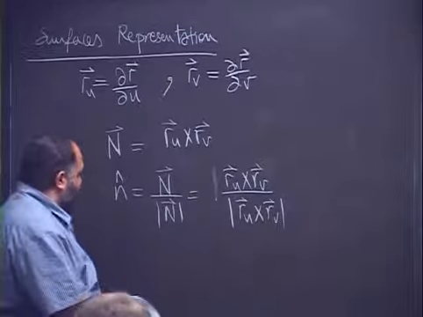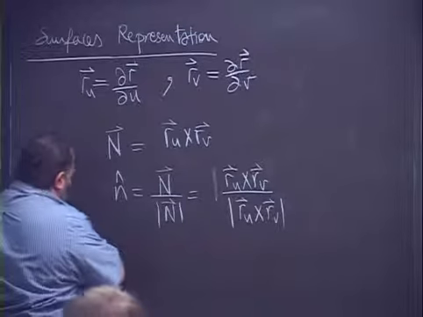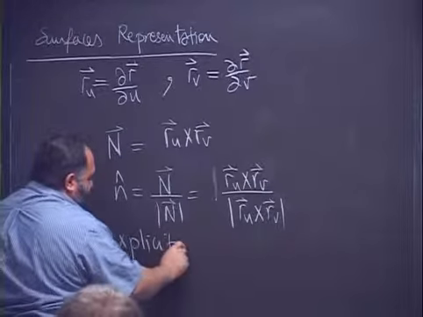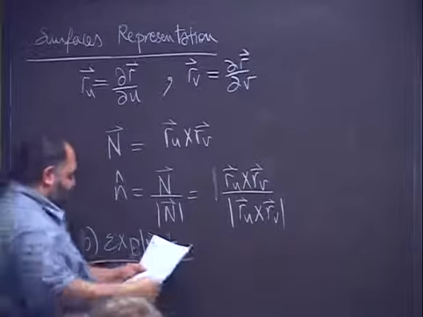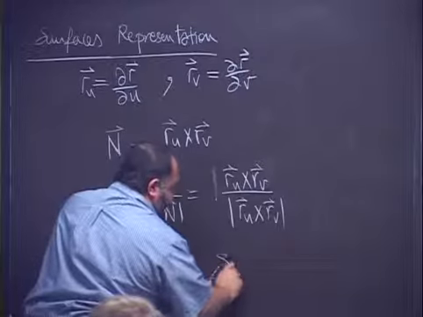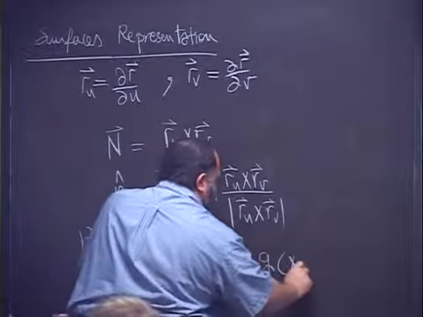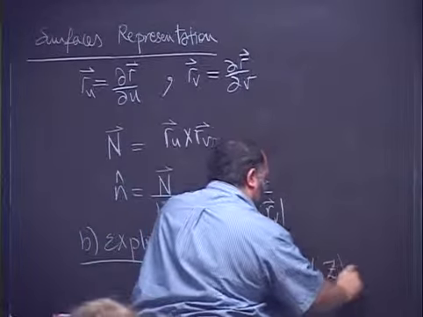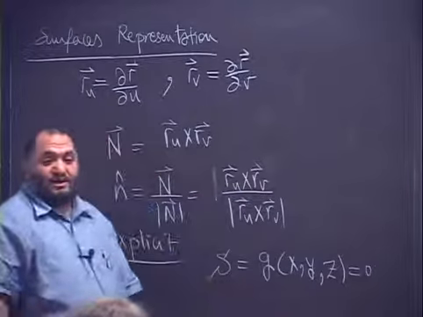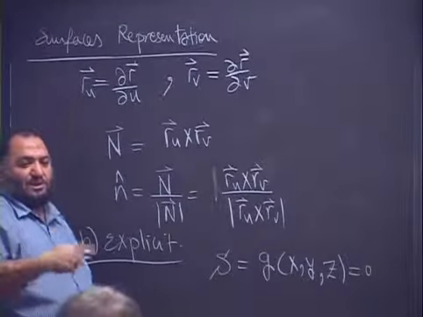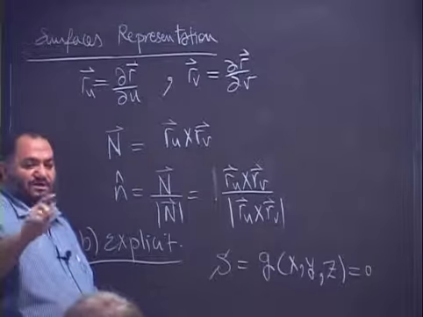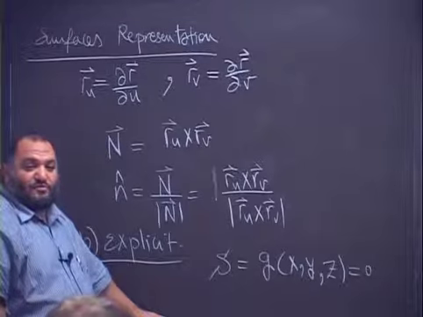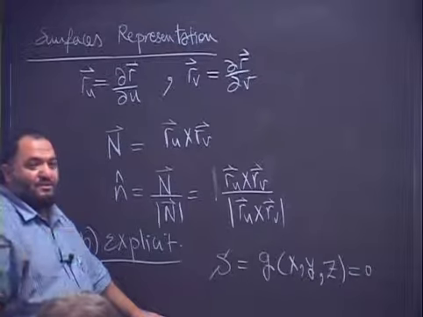If we have the surface represented in explicit representation, as before, like the surface S is just a function of x, y and z, like the sphere in x, y, and z explicitly, x squared plus y squared plus z squared minus r squared equal to 0. So how to get the vector normal to the surface of the sphere from last chapter, sorry.